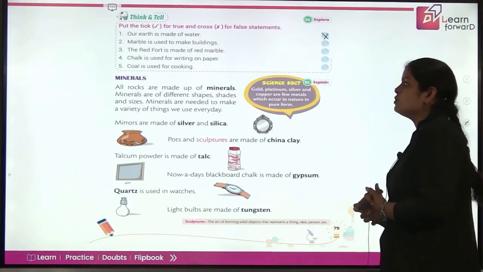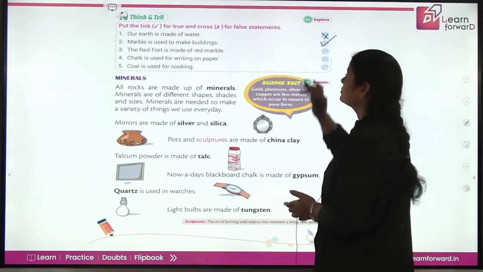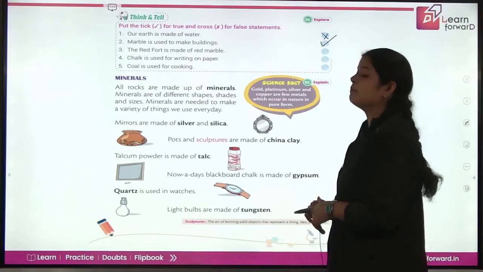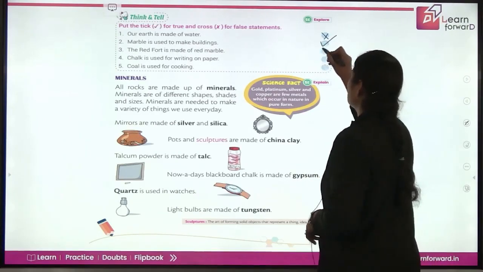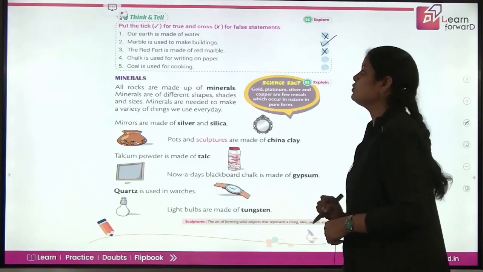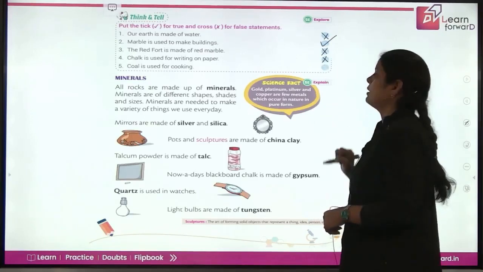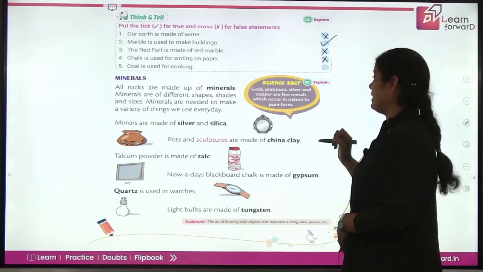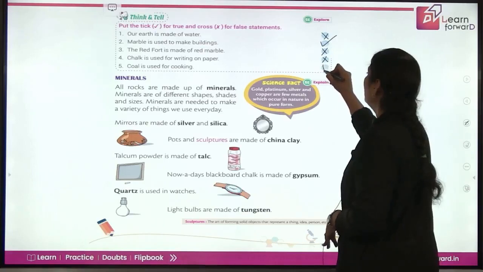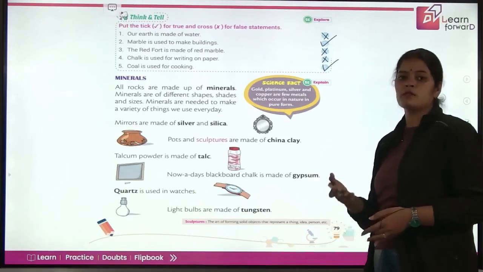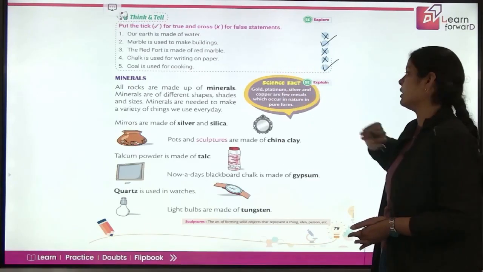Now marble is used to make buildings. True. Red Fort is made up of red marble. No, red sandstone. Chalk is used for writing on paper. No, chalk is used to write on a blackboard. Coal is used for cooking. Yes, it was used for cooking. And nowadays, in some parts of India, we still use coal for cooking.